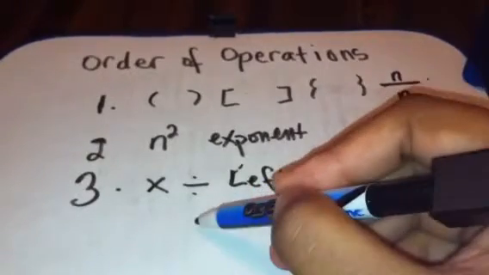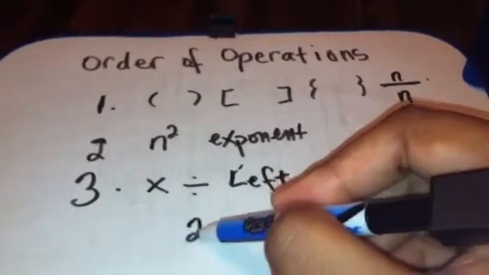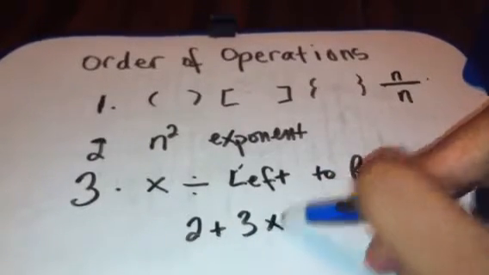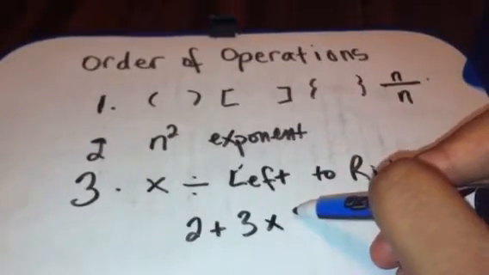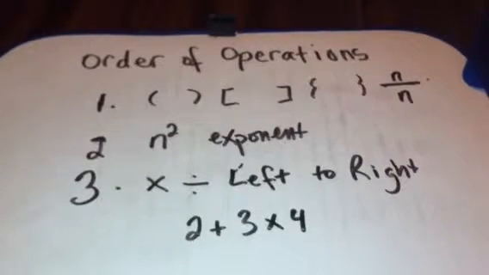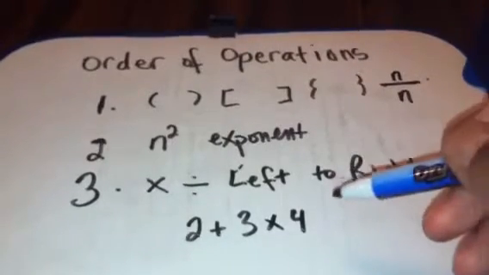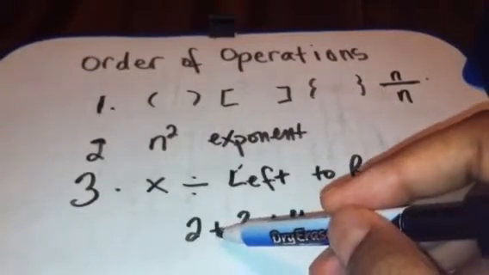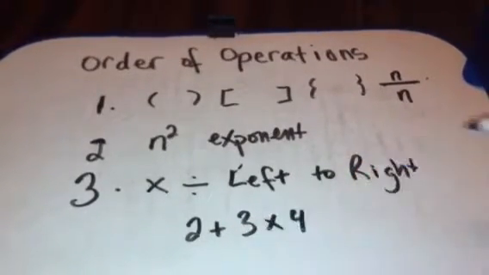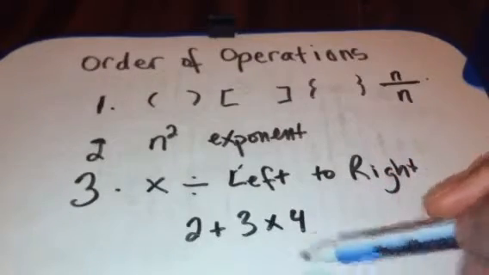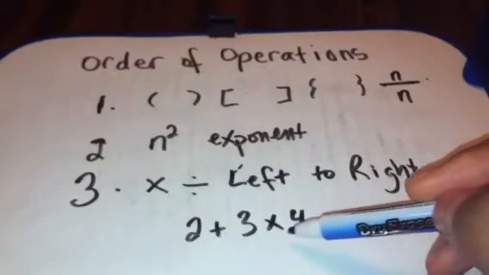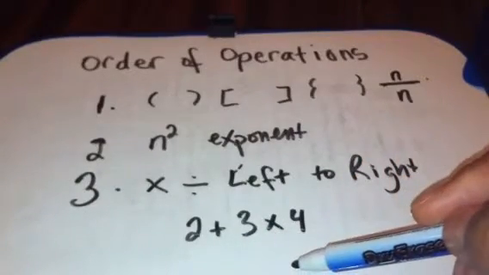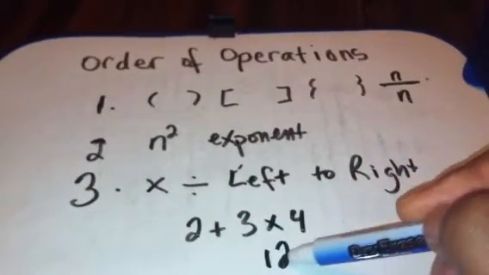Okay, so if you have 2 plus 3 times 4, well, according to the order of operations, you are not going to add the 2 and the 3. You're going to figure out what 3 times 4 is first, and then you're going to add 2. So 3 times 4 is 12.